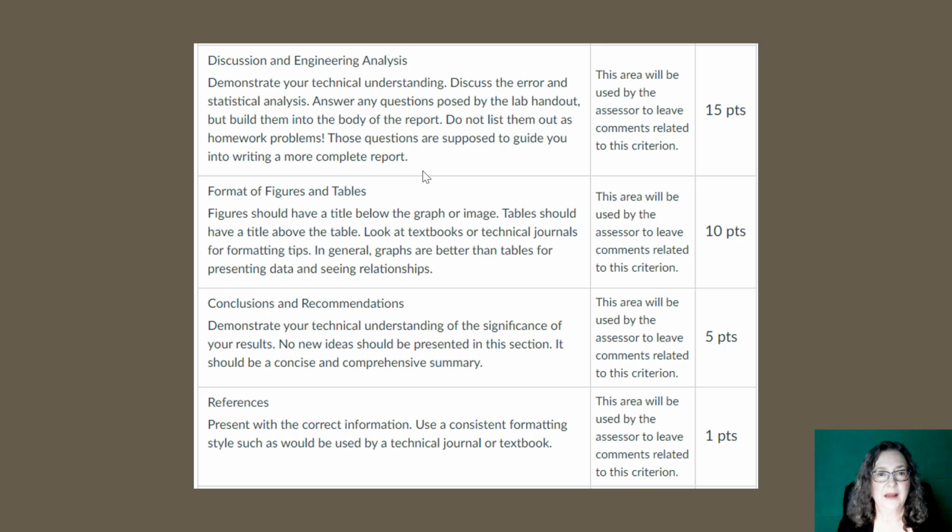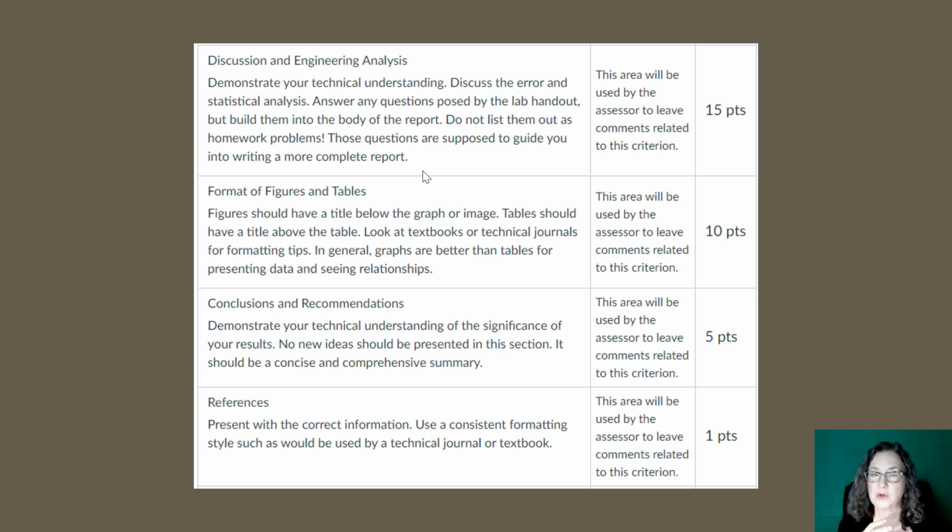Okay? You want to discuss the error in the statistical analysis. So when we talk about propagation of error, you should be able to say that, well, the volume measurement was the one that really created the most error. The time was not so important in this, and have numbers and calculations to back it up.